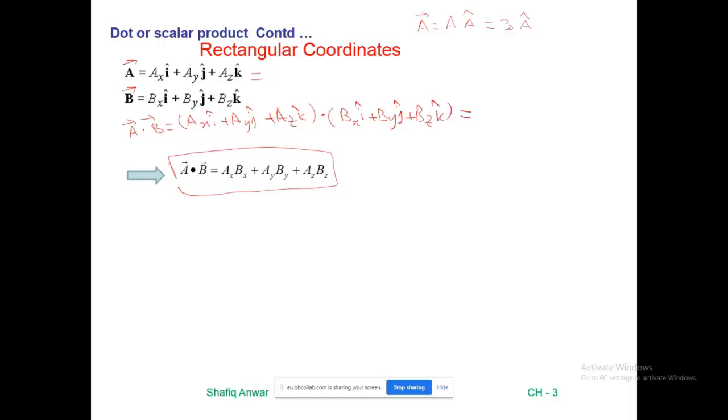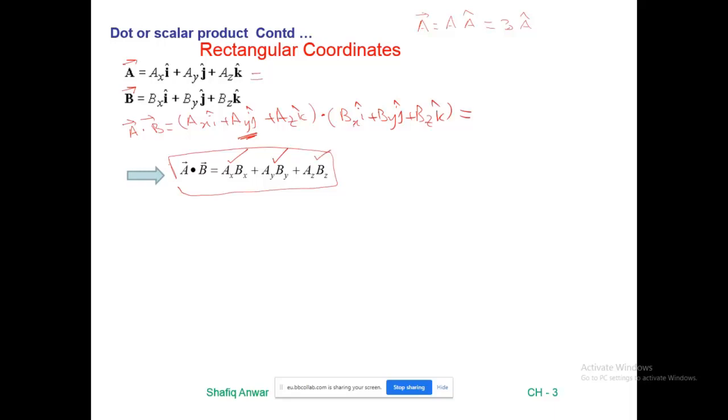What I do, I take the first one, ax i, and I multiply dot with this one, plus same ax i multiplied by this, plus ax i multiplied with this. So when you are multiplying, i dot i becomes 1, it's here, remaining all 0 because j dot k, j dot i become 0. Similarly, when you take the second one, ay j, multiply with this bx i, so j dot i is 0, j dot j becomes 1 and you get ay by, plus, finally if you take this one and multiply all, all others are 0 except k dot k is 1 and you get this one. So this result you can use directly.